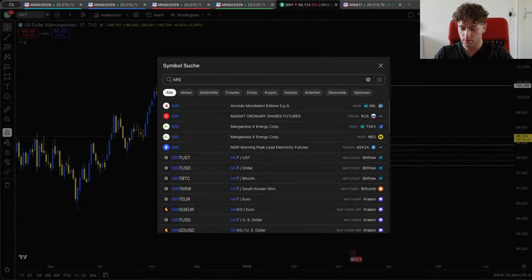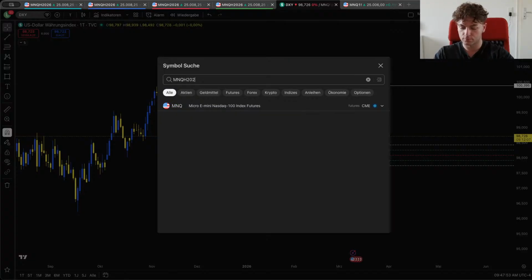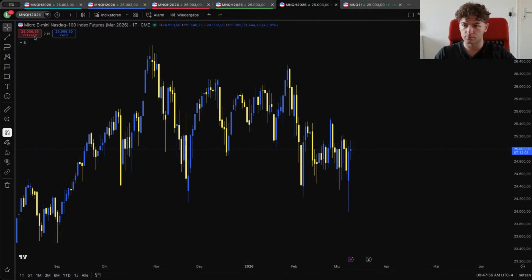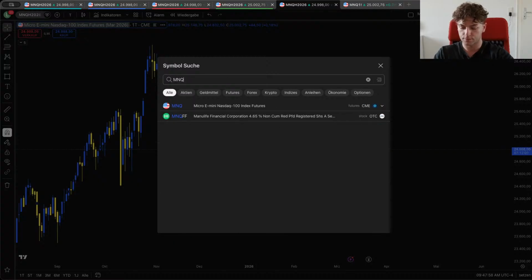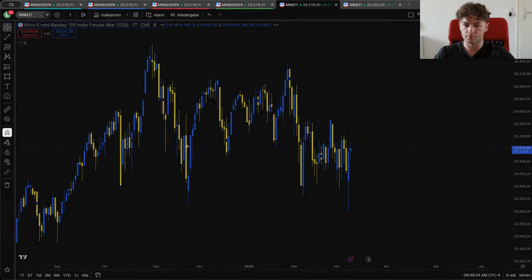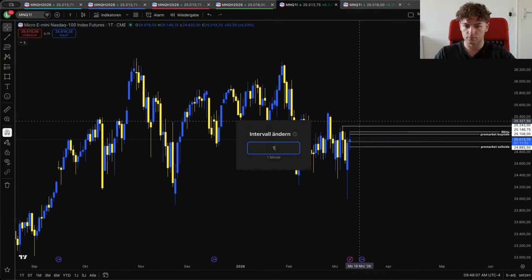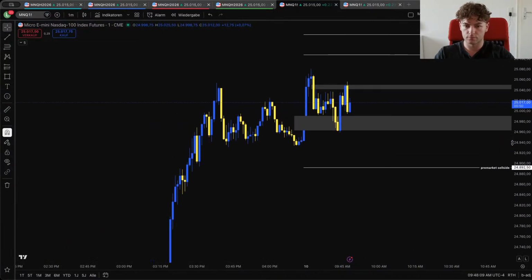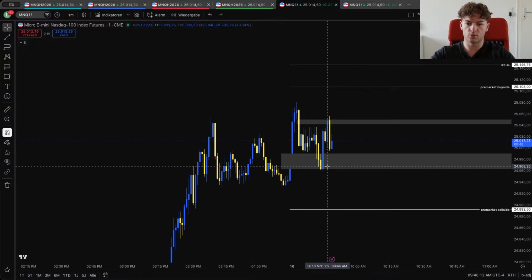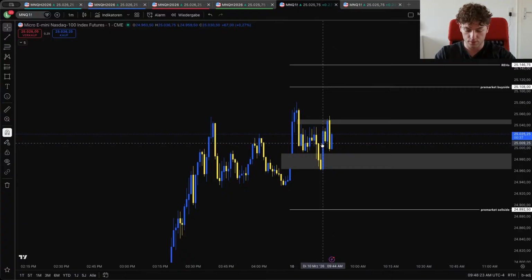Let's go back to M and Q. I was looking at, so we trade down into the opening range gap. Yeah, still consolidating basically. Bro, I hate these type of market conditions.